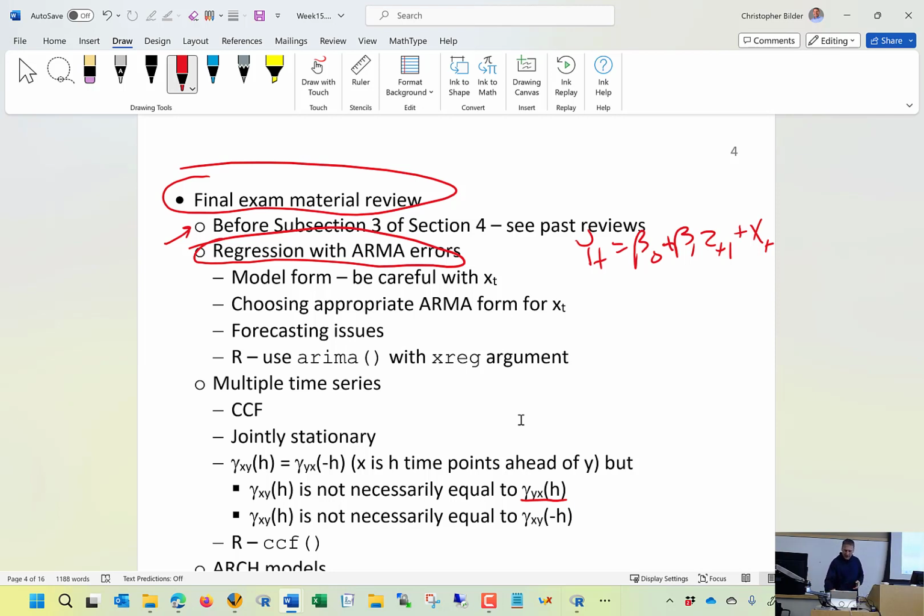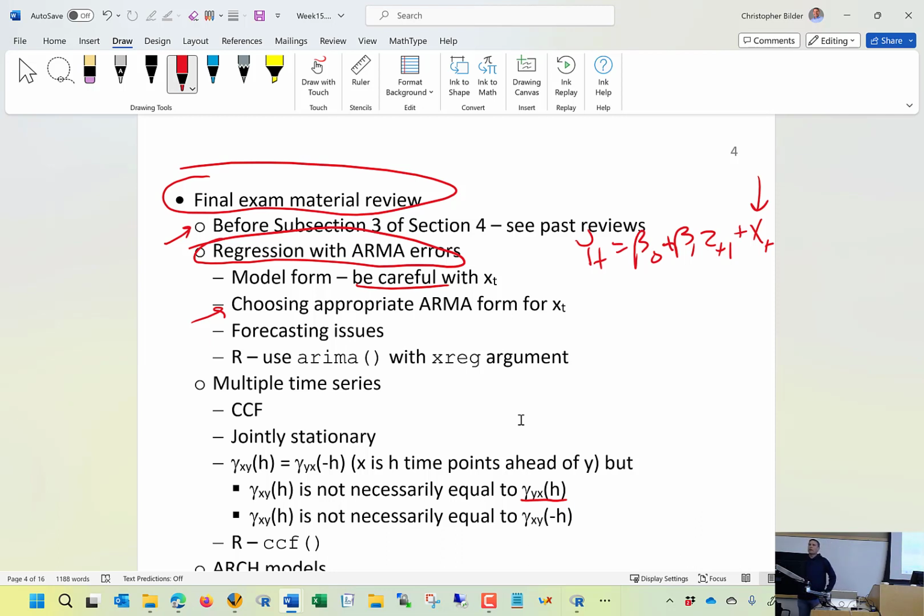Be careful with x of t. Normally we think of x as an independent variable when we have some kind of regression model. That's not the case here. Instead, it is actually an error term. And so we need to somehow choose an appropriate ARMA form for x of t.